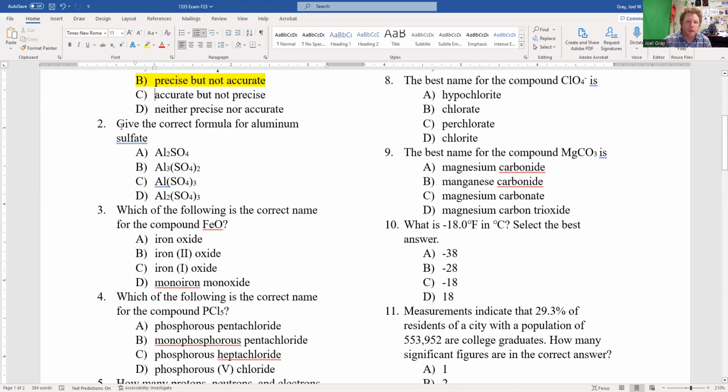Okay, now the next question is, give the correct formula for aluminum sulfate. So for this question, we've got aluminum and sulfate. What's important to know is the sulfate ion has a charge of -2.